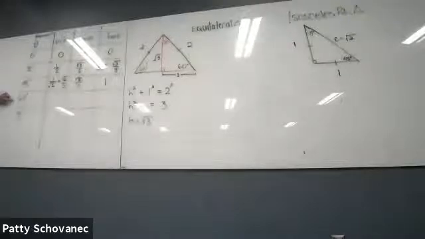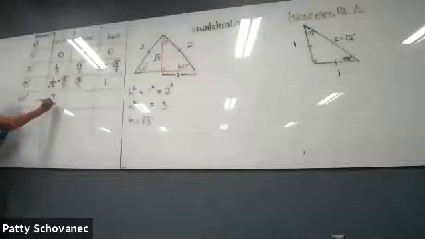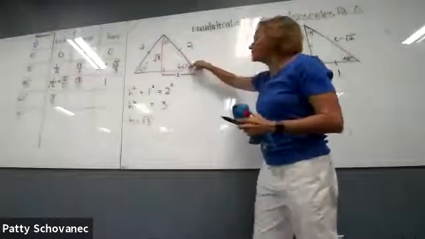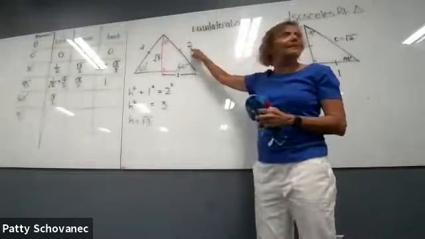Now notice that 60 degrees and 30 degrees are complementary. So that means that the sine of 60 degrees has to be the same number as the cosine of 30 degrees. The cosine of 30 degrees was square root of 3 over 2. Let's look. The sine of 60 degrees is opposite over hypotenuse. It's amazing.